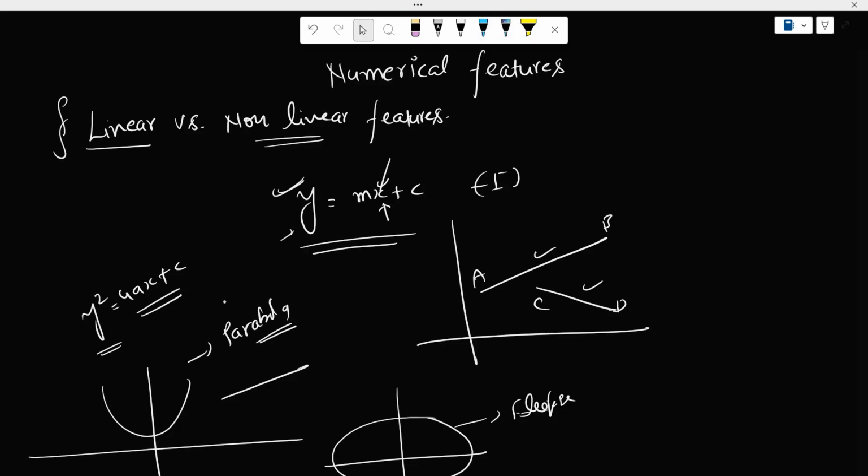We will make it non-linear from the linear equation. Whenever you increase the power, your linear equation becomes non-linear. Your plotted graph will become non-linear as soon as you increase the power on the independent variables, sorry, the independent variables. So this is the significance of linear versus non-linear features.